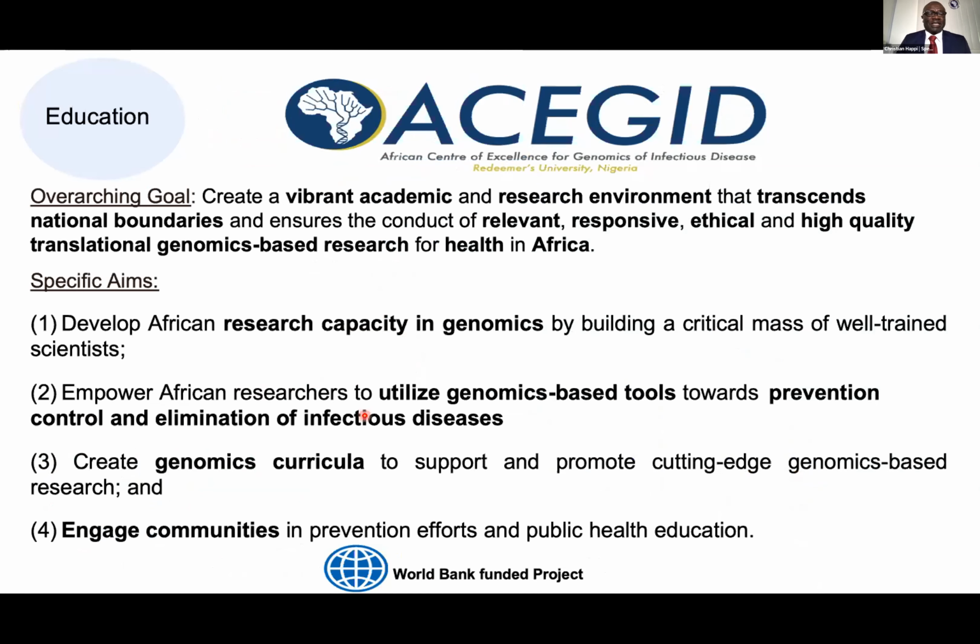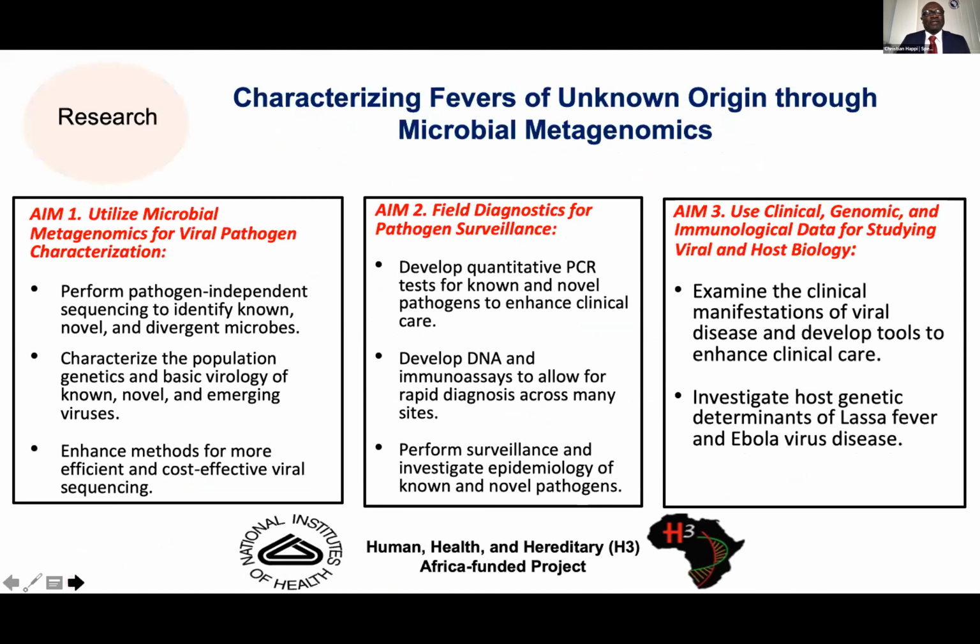Ultimately, we think that we can use this platform to build the necessary capacity that Africa needs in order to use genomic-based tools for prevention and control of infectious disease generally. To do that, we not only looked at fever of unknown origin on the African continent, but also went further to start applying these new technologies to zoonotic diseases and animal health.